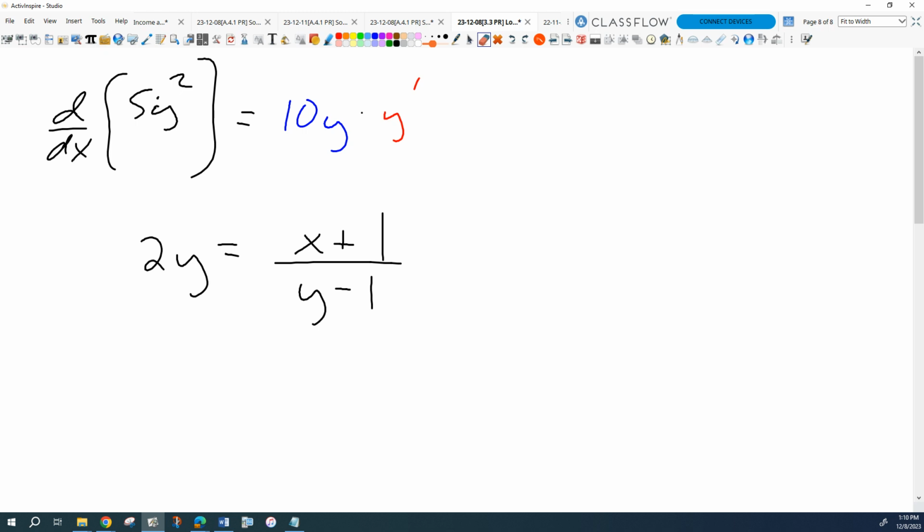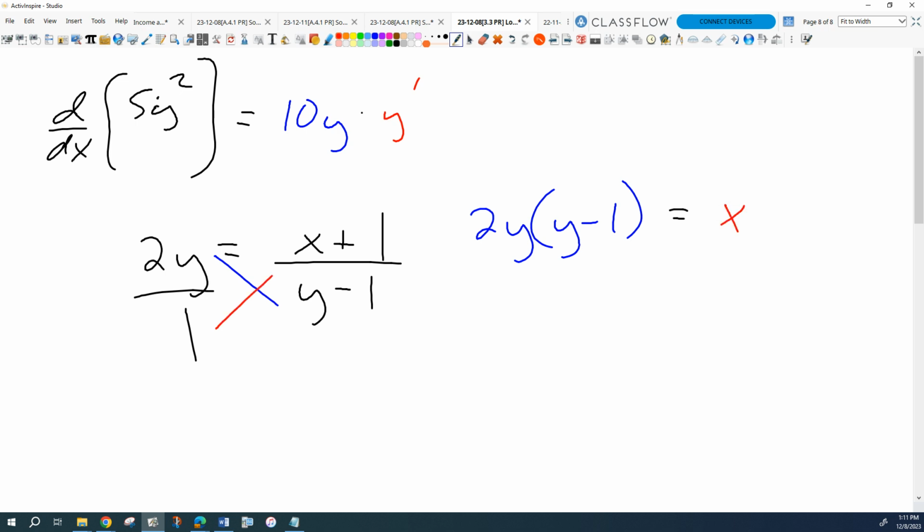But it's easier to think about like this. We just cross multiply, and what do we get? Well, this cross product is going to be 2y times the quantity y minus 1. This cross product is just x plus 1.